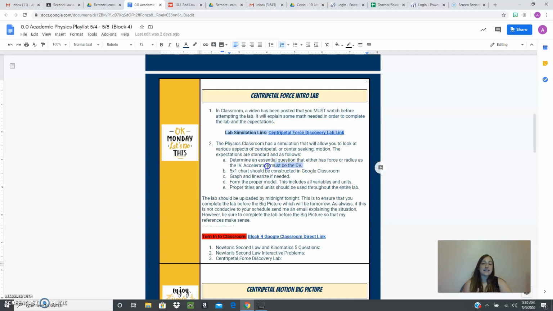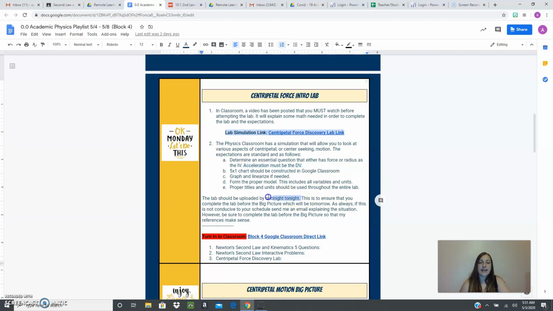The fact that acceleration must be the dependent variable won't make sense unless you watch that video. So please make sure you watch that first. You will need your notebook because you will be taking a couple notes to get you started. One will be an equation and an explanation of that equation. So make sure you have your notebook and then you can go ahead and get this started.